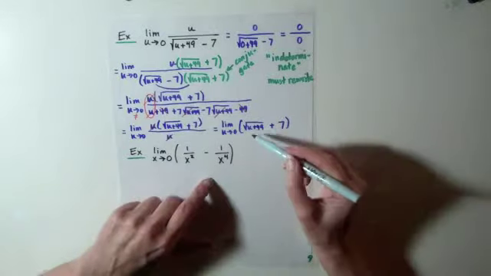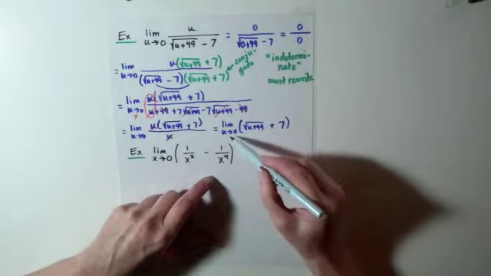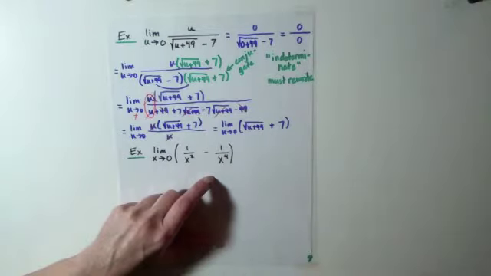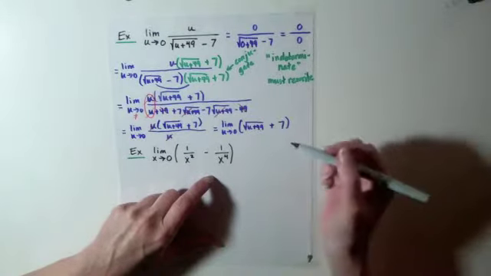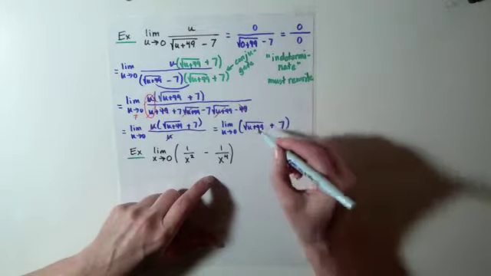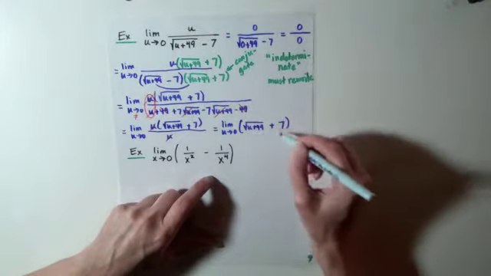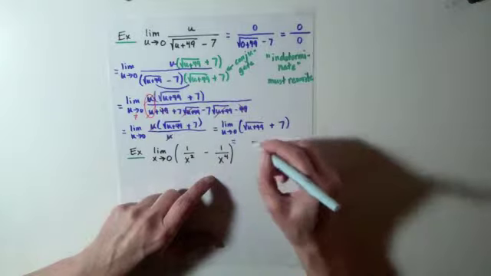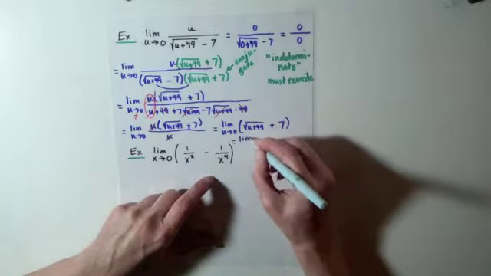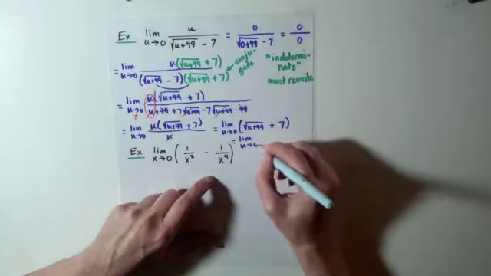Technically, again, because this is not a polynomial, I shouldn't just automatically jump to the conclusion that I can use direct substitution. I should go ahead and use my limit laws. And what would the limit laws say? Well, I have a sum, so I can say the limit of the sum is the same as the sum of the individual limits.